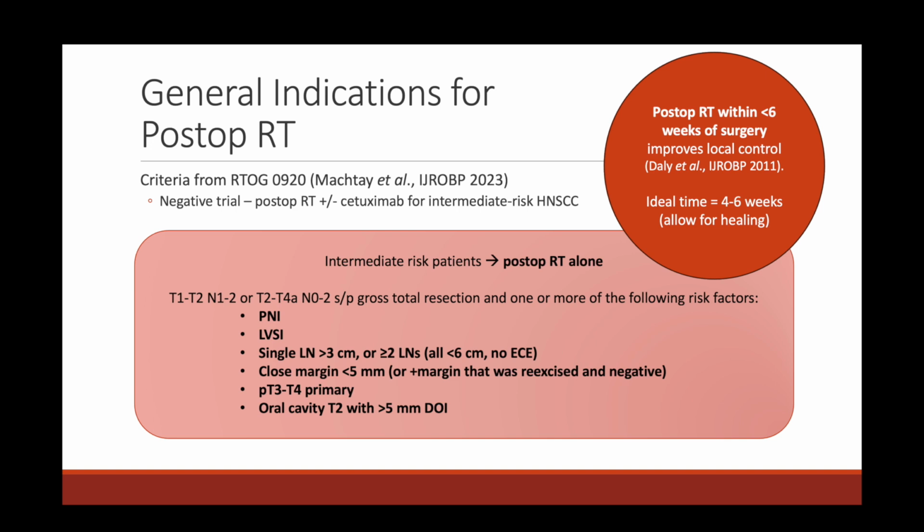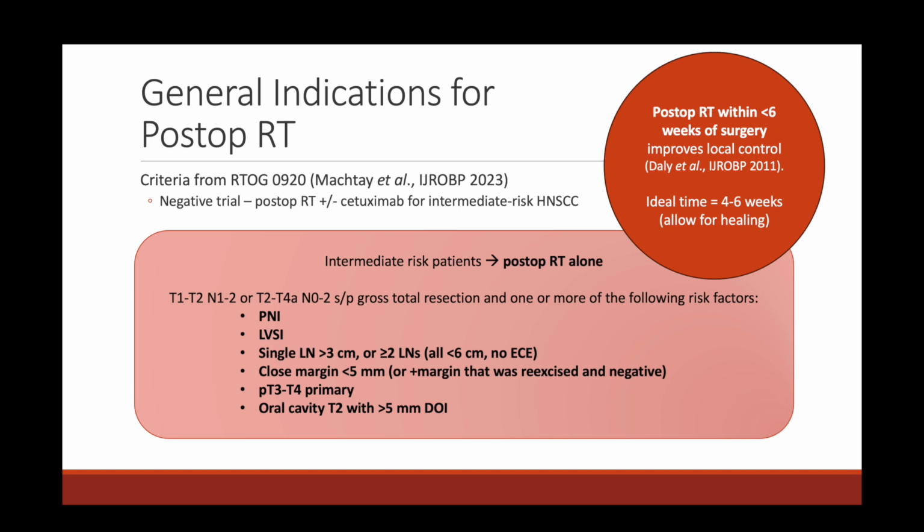So T3 to T4, N2 to N3, PNI, LVSI, close or positive margins. And really, in this trial, it wasn't a positive margin, but it was a close margin that was less than 5 millimeters, or a positive margin that was then re-excised and negative, like we talked about. And any oral cavity tumors that were T2 with greater than 5 millimeters of depth of invasion were also included on this trial.